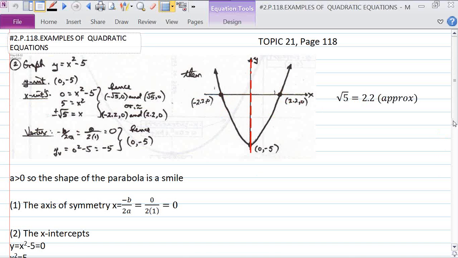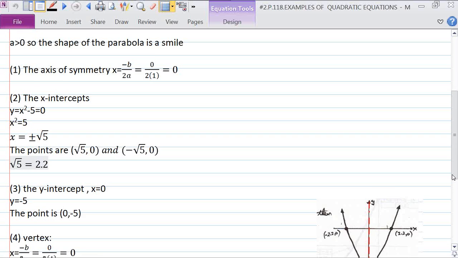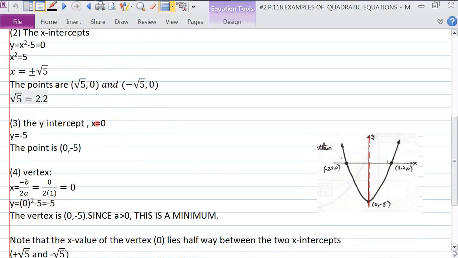Now, to get the y-intercept, we set x equal to 0. If we set x equal to 0, y equals minus 5. So the y-intercept is 0, minus 5 right here. x is 0, y is minus 5.